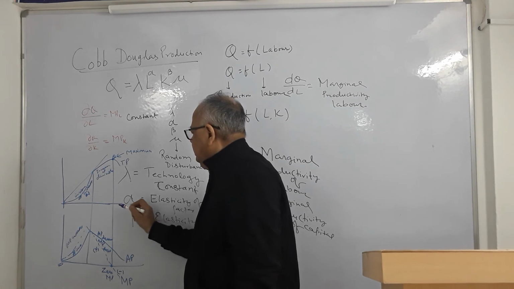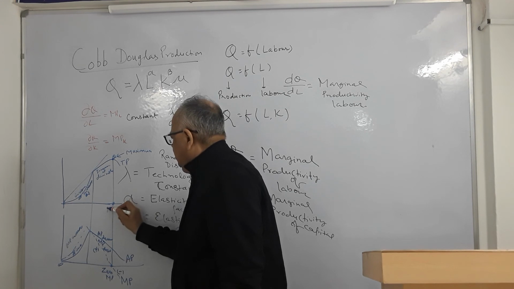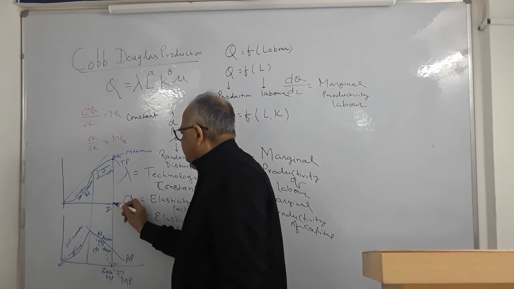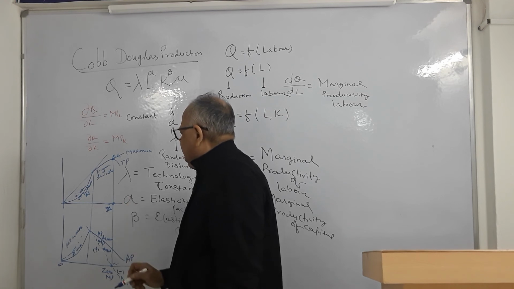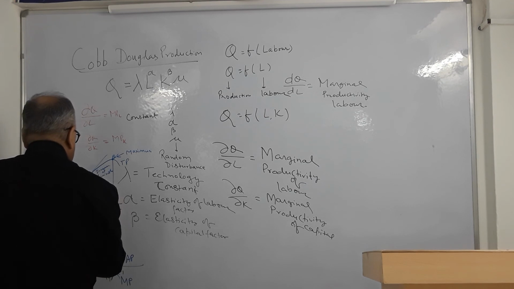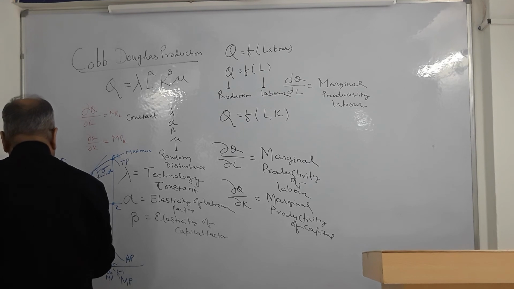When it is maximum, look here, employment will be OZ. Employment will increase through the labor force; employment will be OZ. Here employment is OH. The first diagram is related to total production.